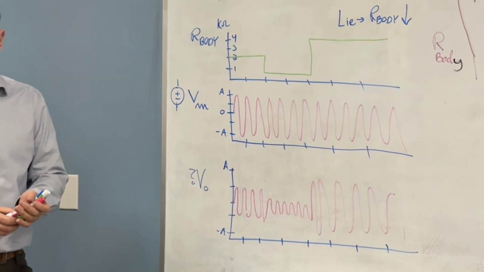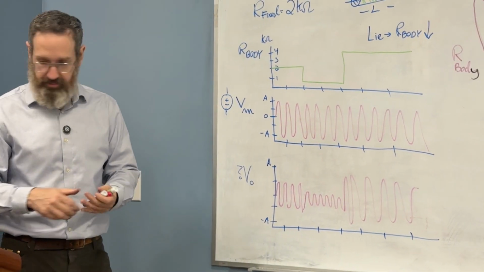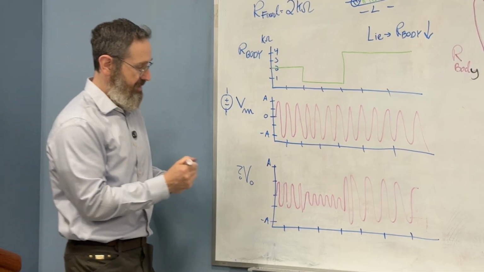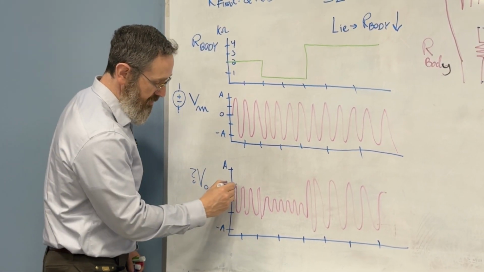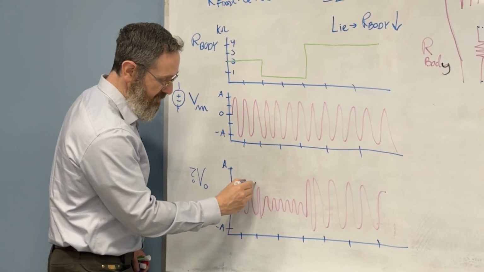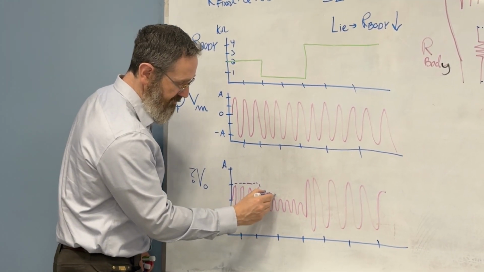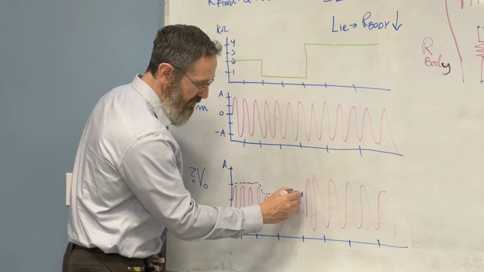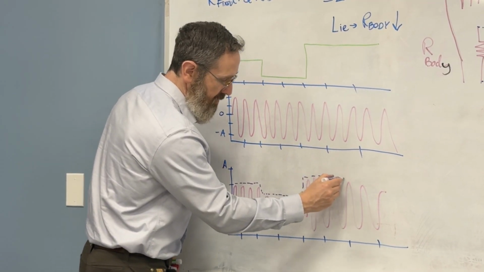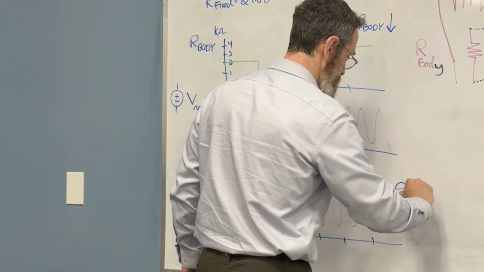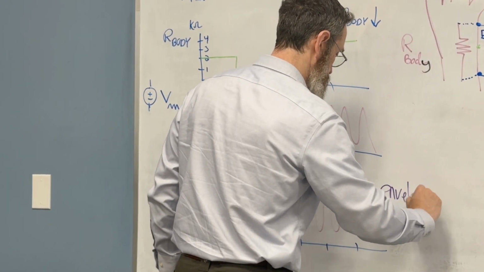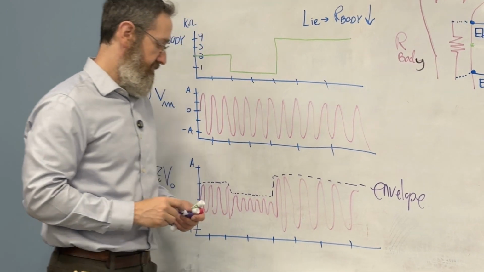What I want you to pay attention to is not the wiggling, but the size of the wiggles. And you can do this on the top, or you can do this on the bottom, which also would be called the envelope, for whatever reason.